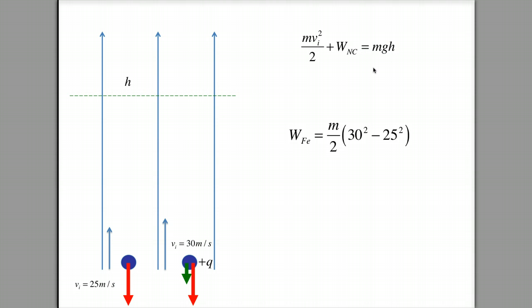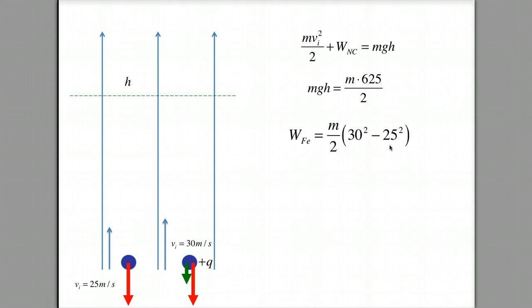So from there, the work of non-conservative force, as I said, that's the work of force electric, is going to be basically the difference between mgh, which is mv squared over 2 initial, and the final, which is right here. So 30 is my initial in this case. 25 gave us mgh in the very beginning, so then I can say that my work done by force electric is half of mass, 30 squared minus 25 squared.